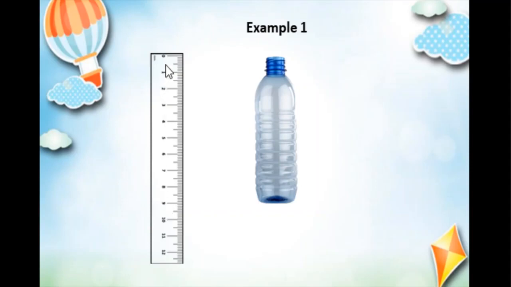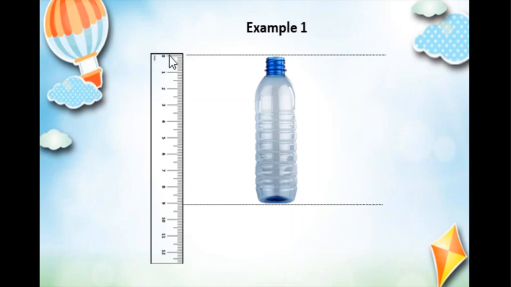We put a line above to make sure where the bottle started to measure, and another line below on where it ends. Just simple. Just count from 0 up to the number where it ends, and that will be your measurement. So let's start counting from 0.